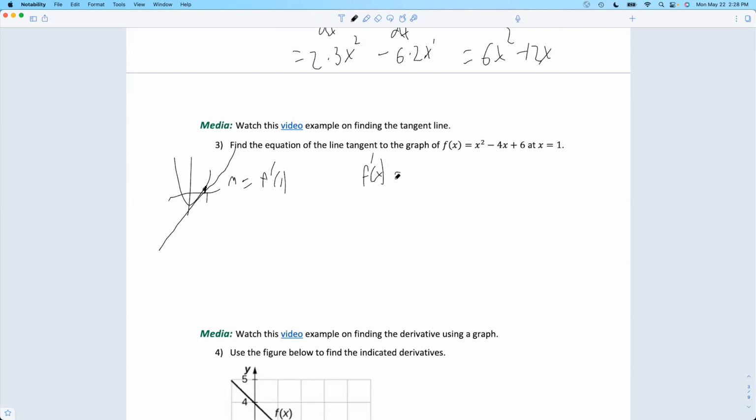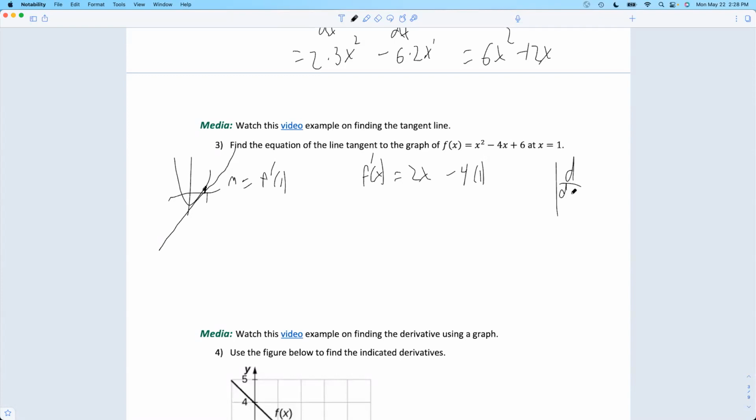The derivative with respect to x, and now I'm just going to use all those rules we just learned. That will be 2x, 2 times 1, and then that 2 drops down to a 1. Minus, the 4 just comes along for the ride. The derivative of x is just 1. I'm going to write that on the side.